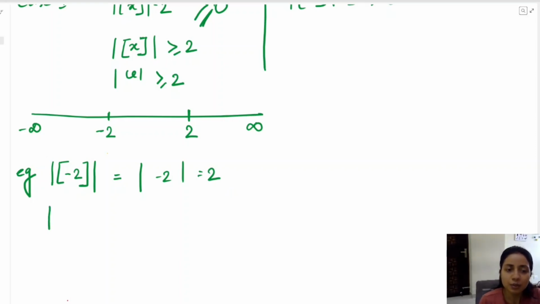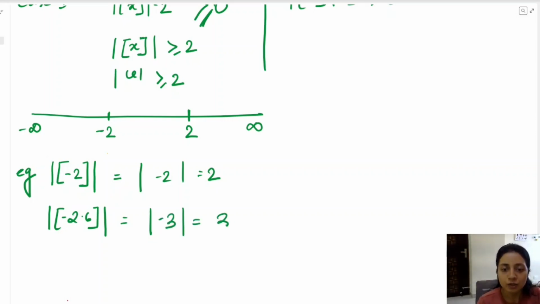If you take a number towards the left side of minus 2, let's say minus 2.6, the greatest integer function will give the nearest integer which is smaller than minus 2.6, that is minus 3, and we are going to get just 3. So minus 2.6 is also satisfying our inequality. So this region is still coming in our solution.